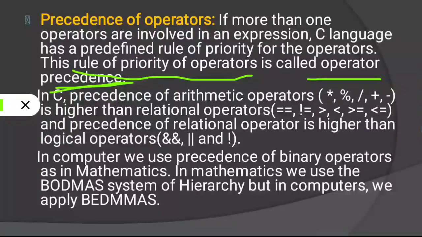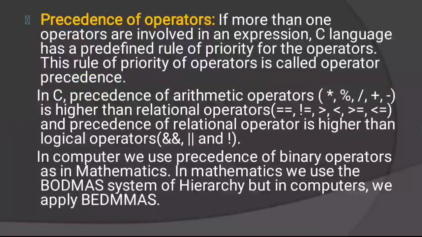If more than one type of operator is used in an expression, then which operator will be evaluated first, and after that which one, is decided according to the priority of operators.